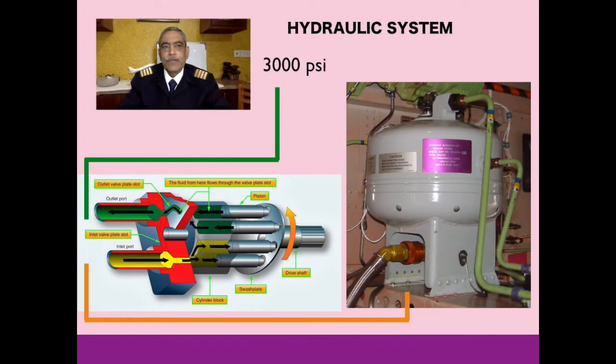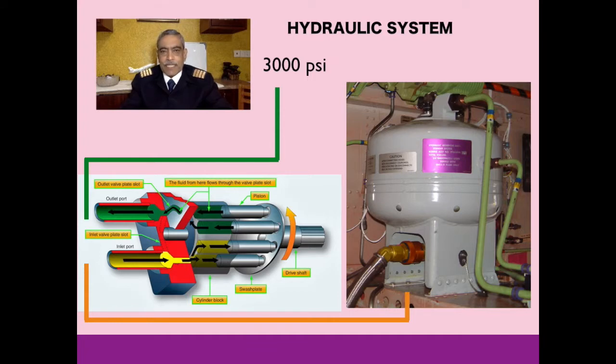Okay, here I've shown the picture of a hydraulic tank which is normally used in planes, and if ever you get a chance to peek in, you will be able to recognize a hydraulic tank very easily from its characteristic shape.